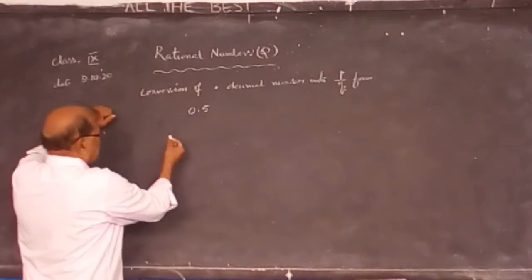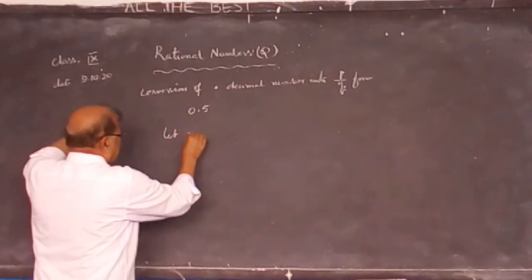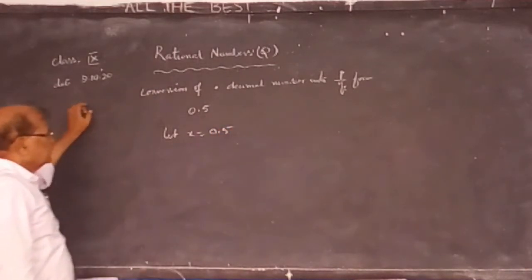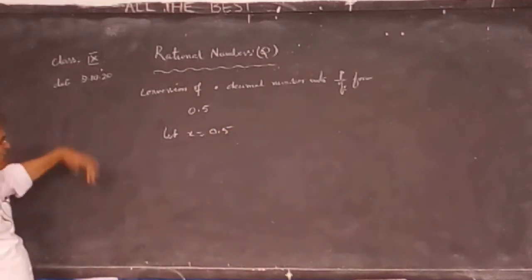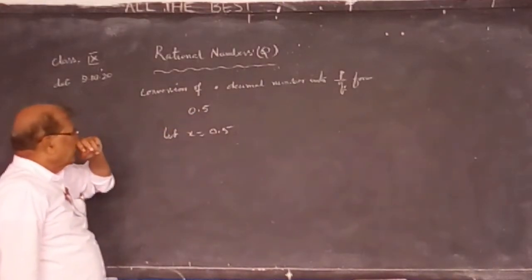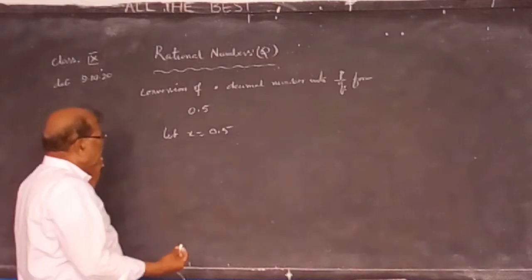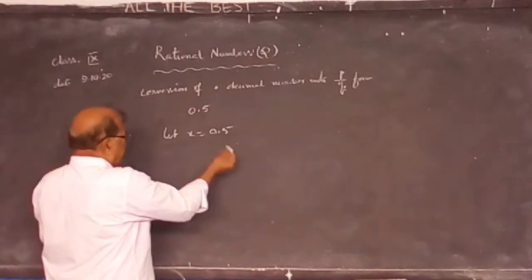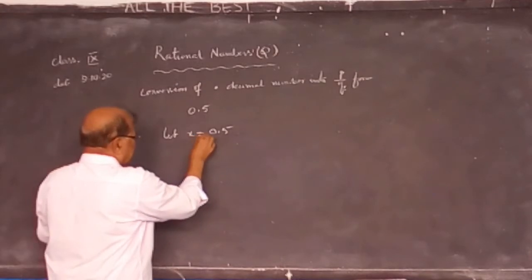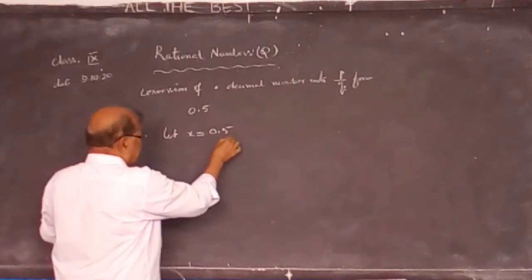Let us see. Let x is equal to 0.5. How many digits are there after the decimal? Only one digit. So multiply both sides by 10. This is an equation. This is the left hand side, this is the right hand side.